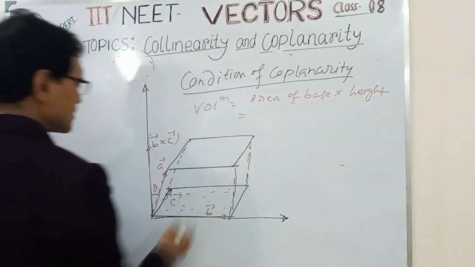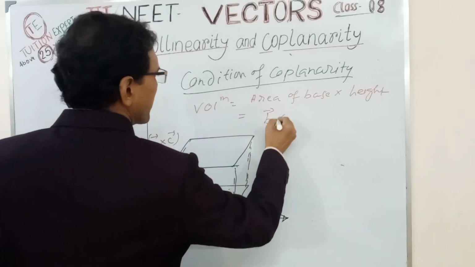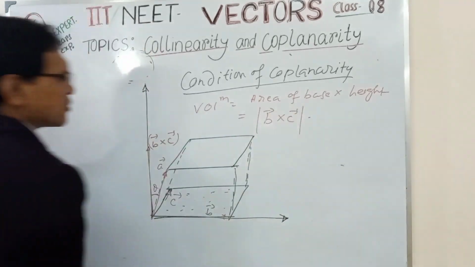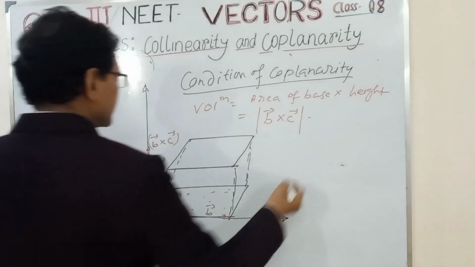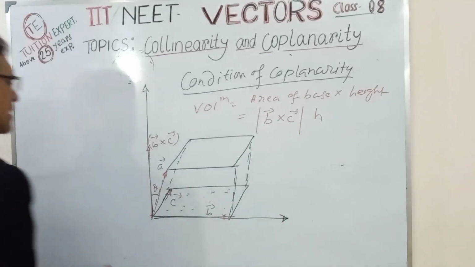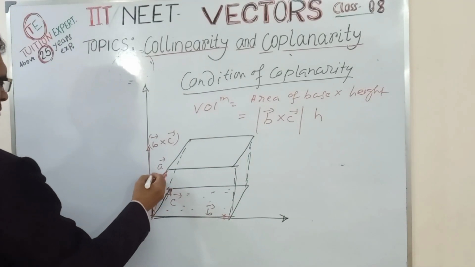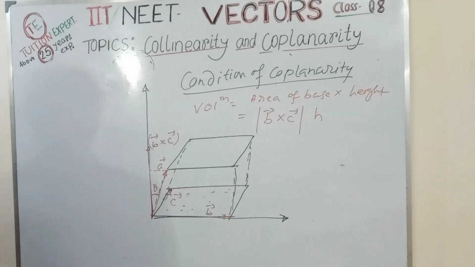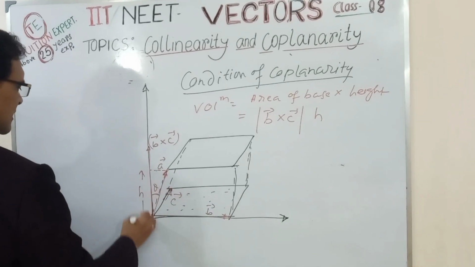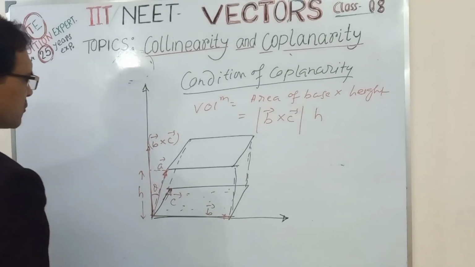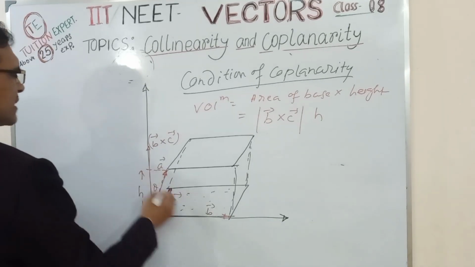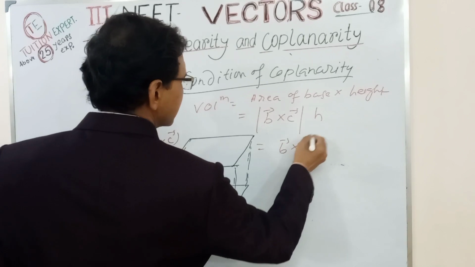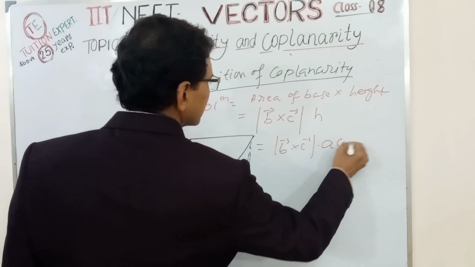So area of base is the magnitude of B cross C, and height is h. Now what is height? Height h is equal to a cos theta.